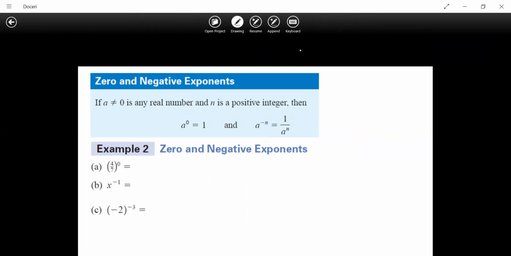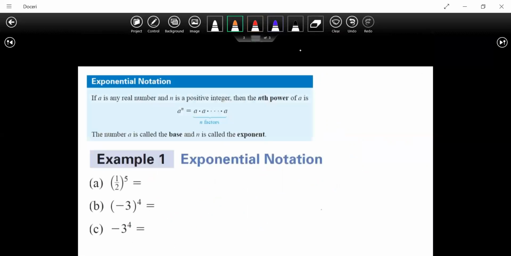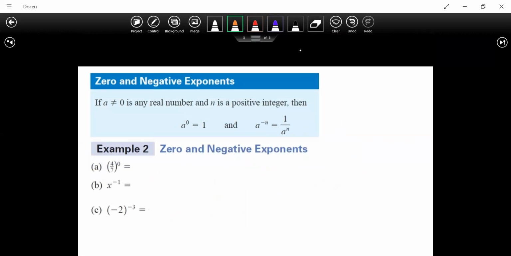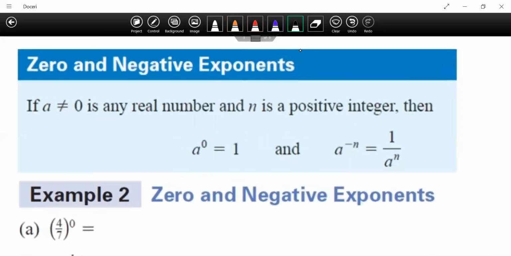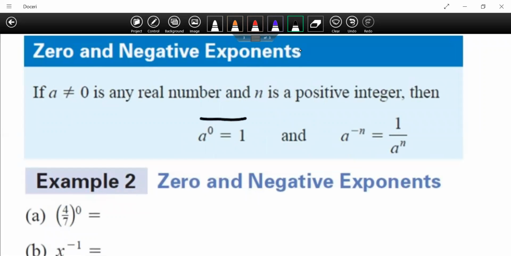Zero and negative exponents are going to be key as well, especially when we start doing more of the trig and stuff, when we start eliminating terms. If our base number is not 0, then the nth power has the following 2 properties. Anything raised to the 0 power is always going to be 1.